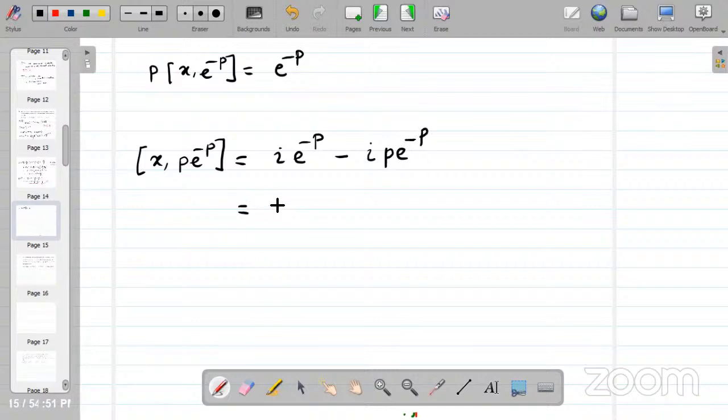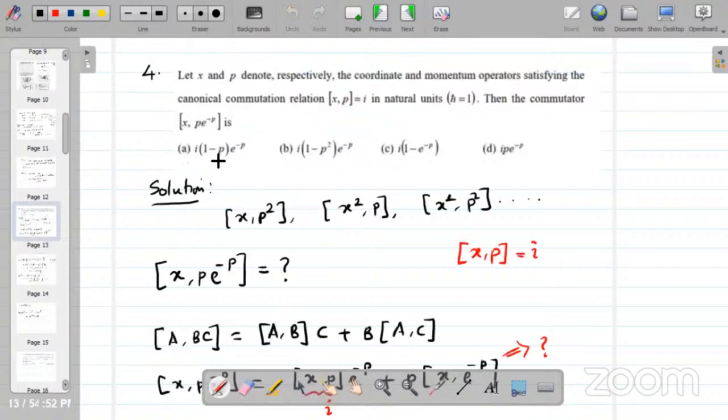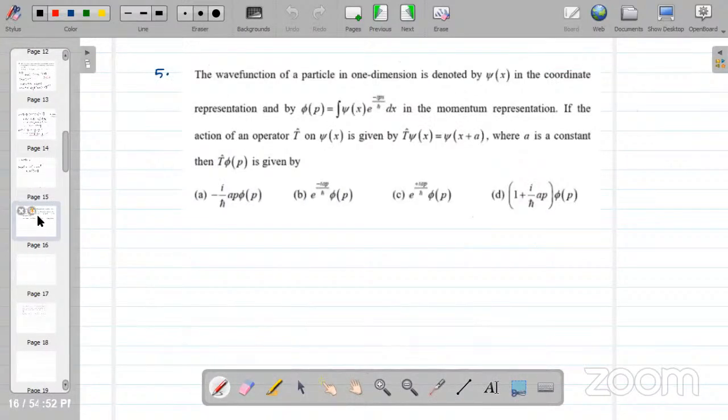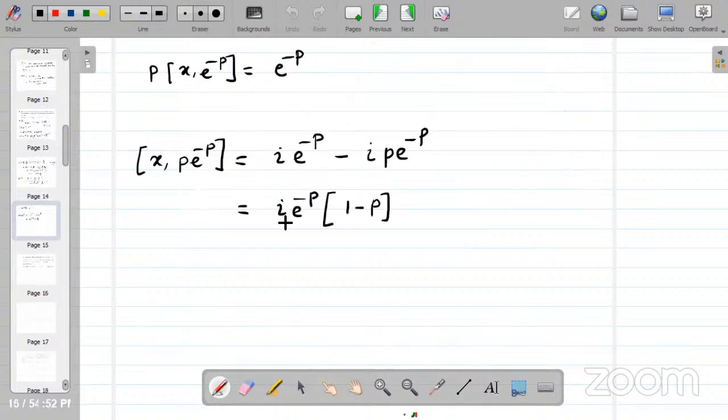So this is i e^(-p) common, one minus p. This is option B, i into 1 minus p.